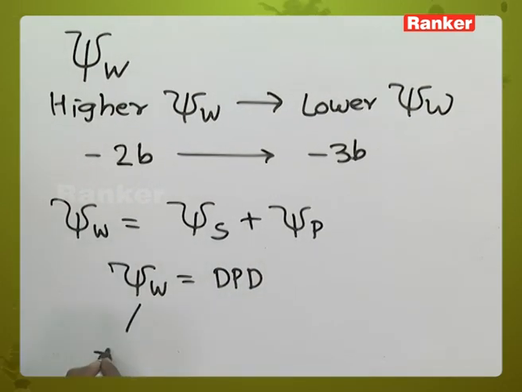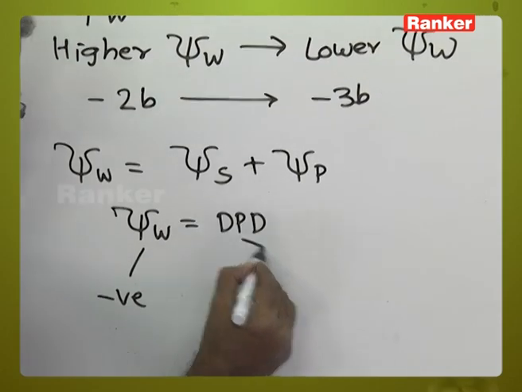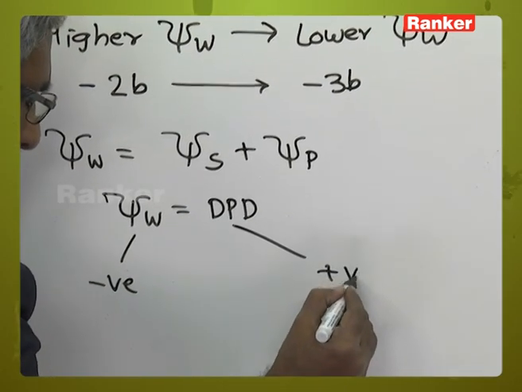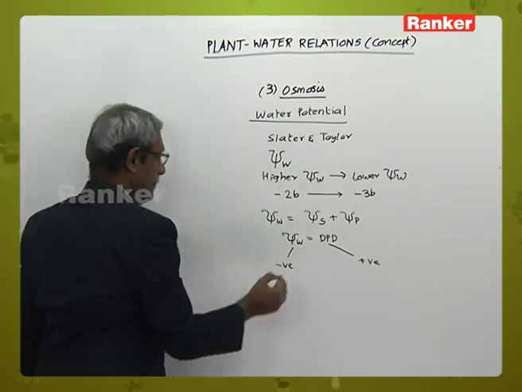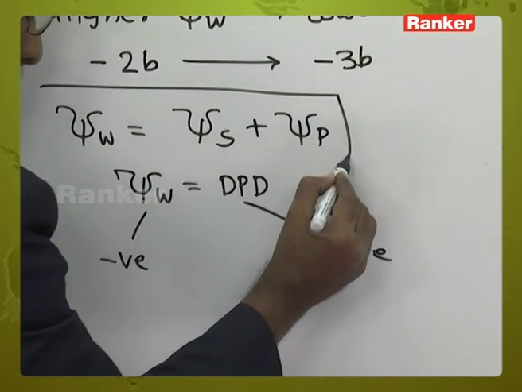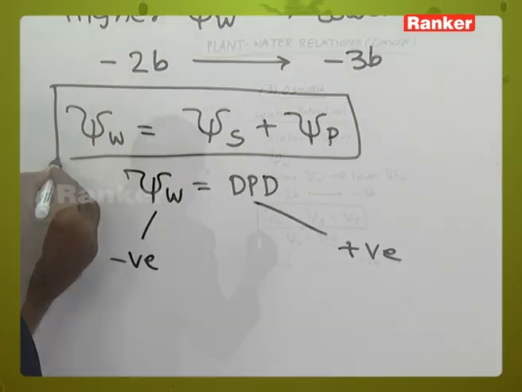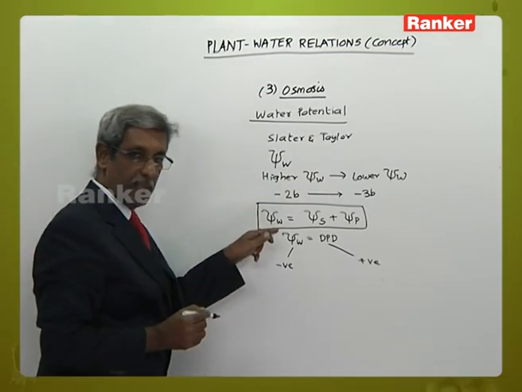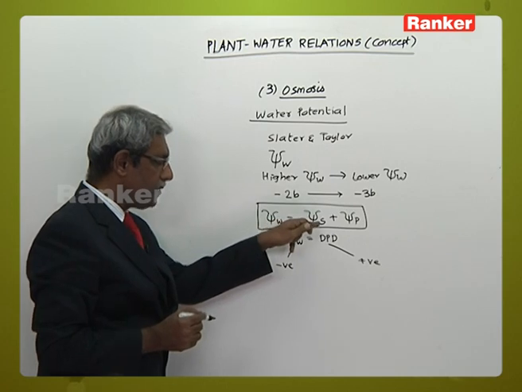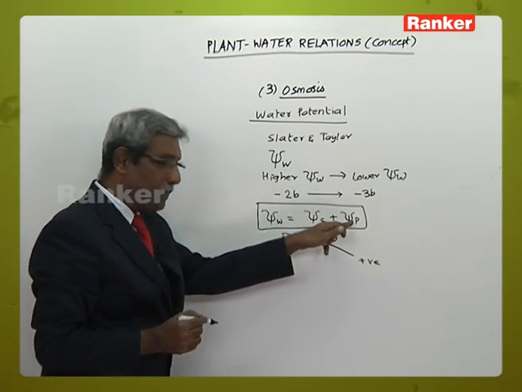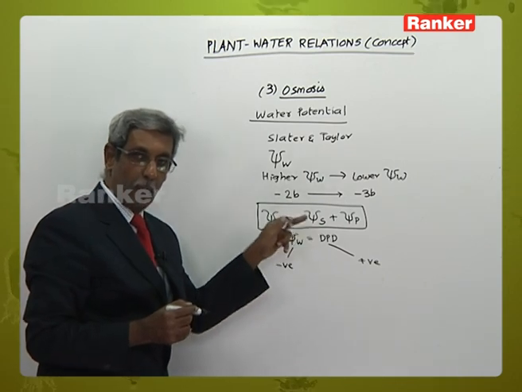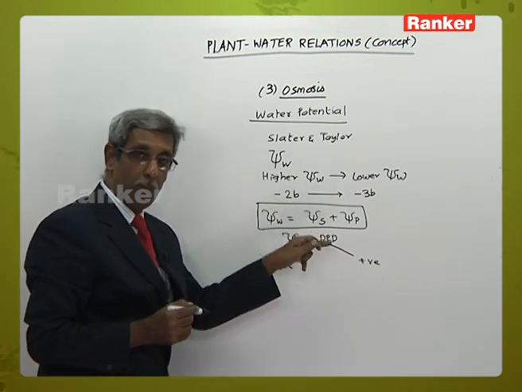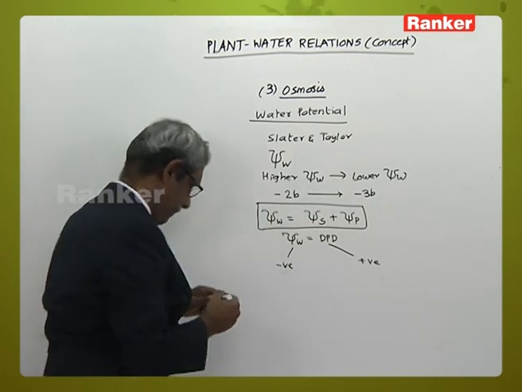Water potential is given as a negative value, whereas diffusion pressure deficit is given as a positive value. Water potential for a cell is a combination of the solute potential as well as the pressure potential, and it primarily gives the direction in which the water, this solvent, moves within a particular cell.